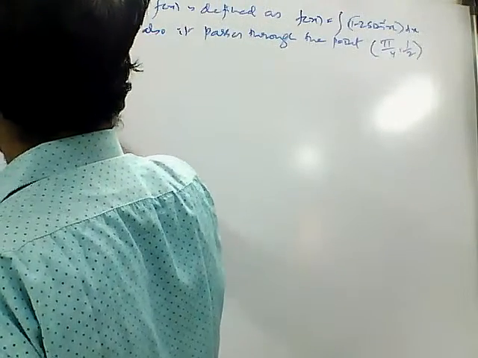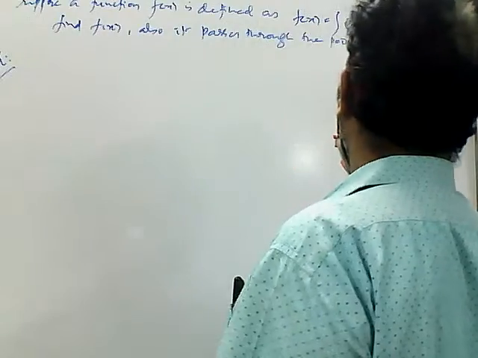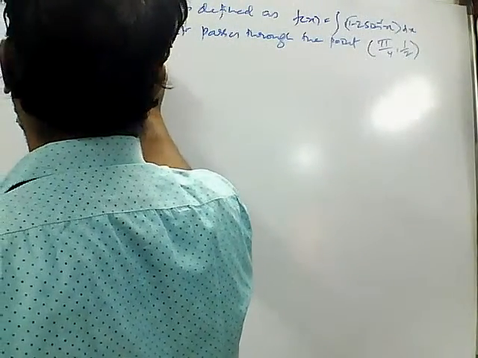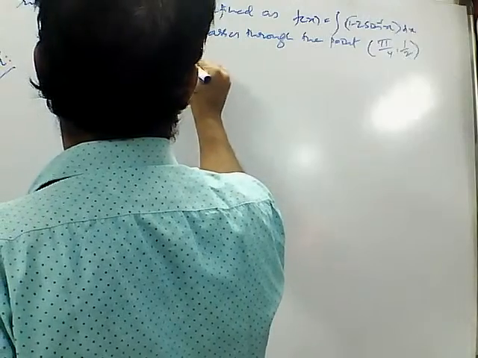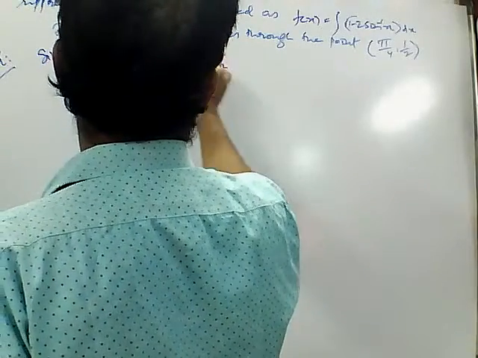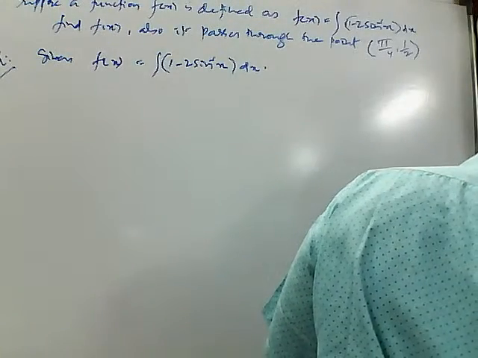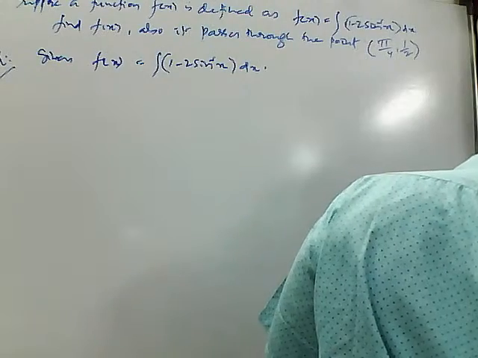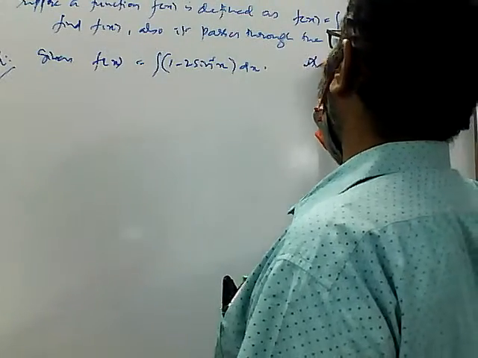Solution. So given f of x is equal to integral of 1 minus 2 sin square x dx. Right? Next, this one. Also draw the graph. One more question is there.